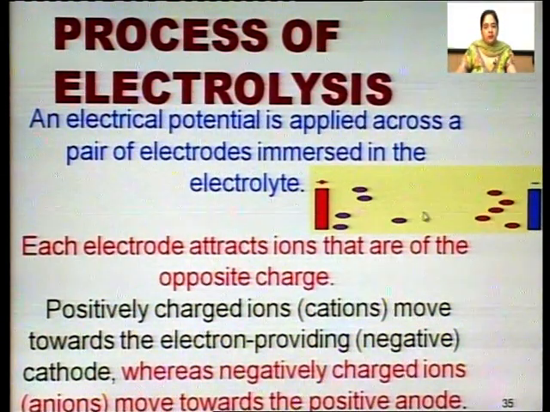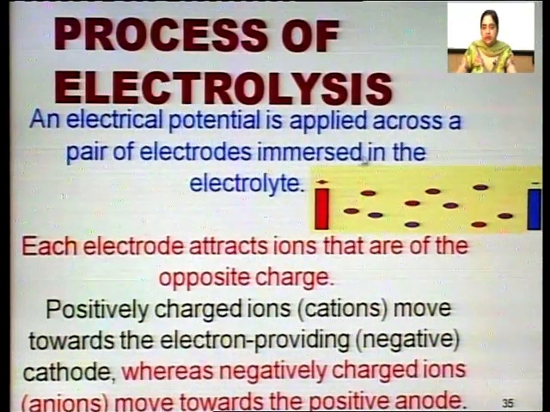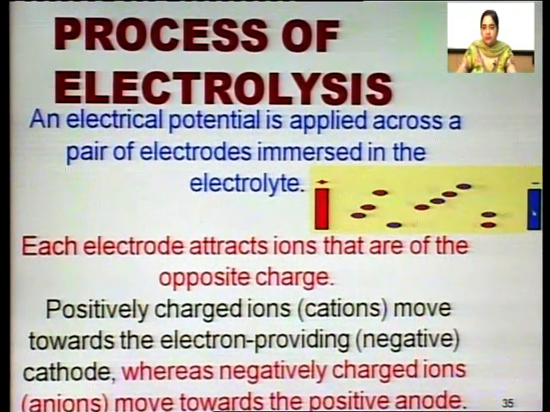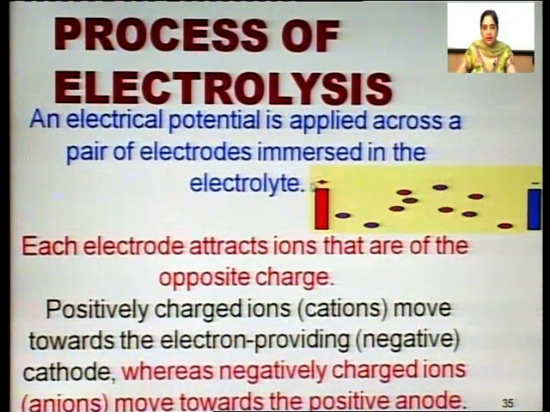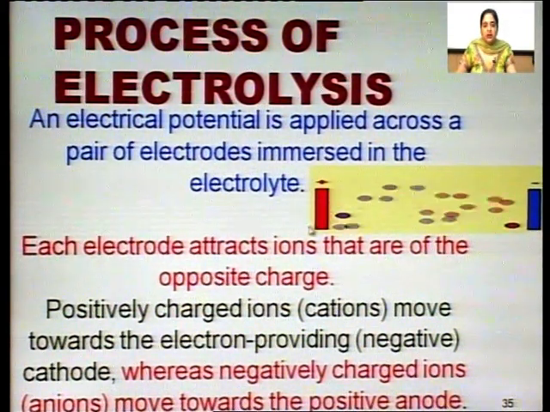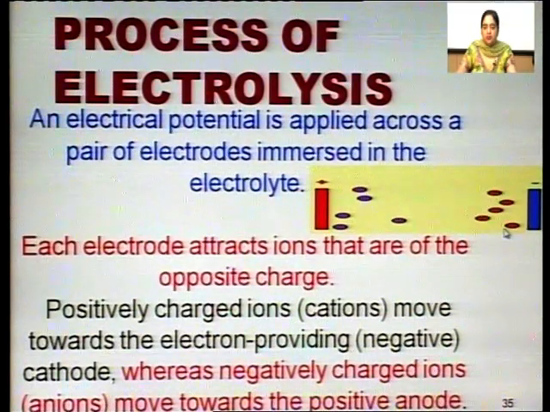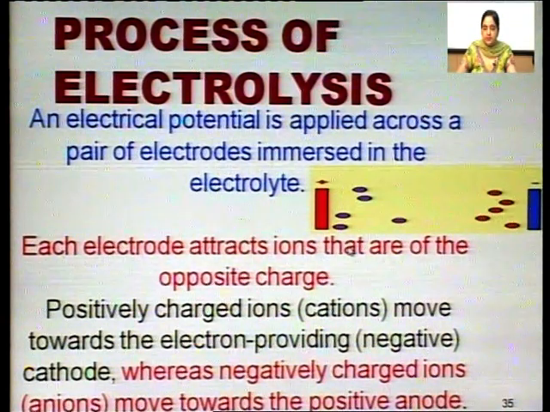Process of electrolysis. An electrical potential is applied across a pair of electrodes, two electrodes, cathode and anode, immersed in electrolyte. Each electrode attracts ions of opposite charge.